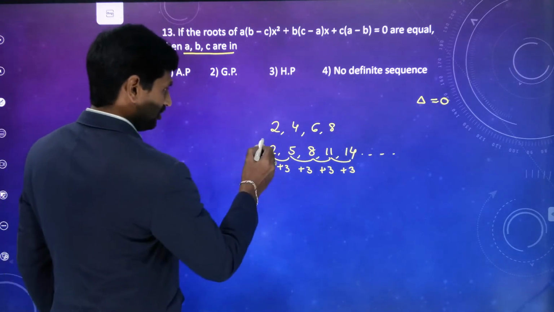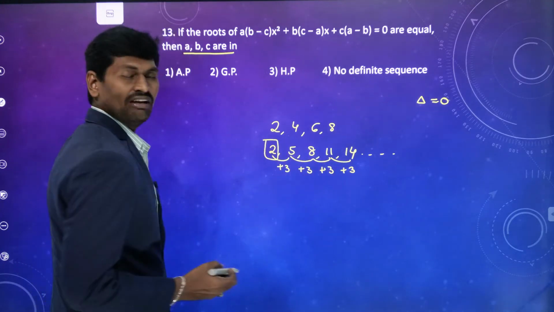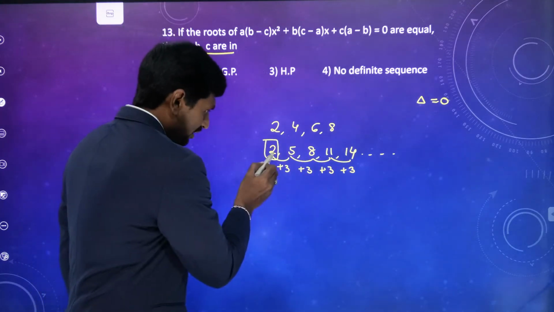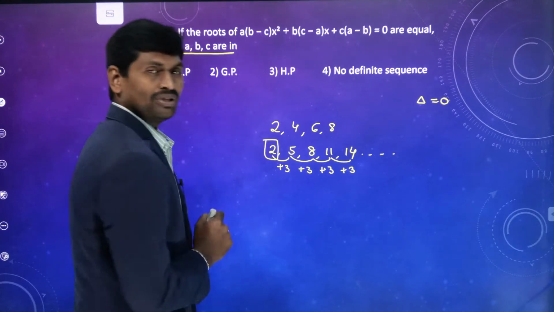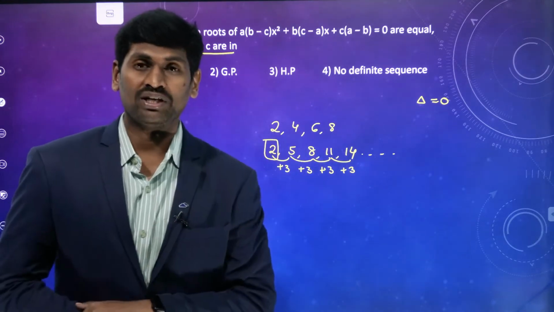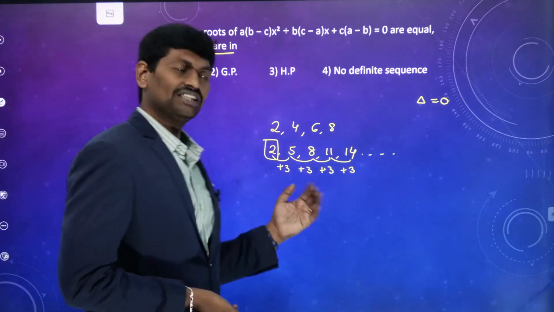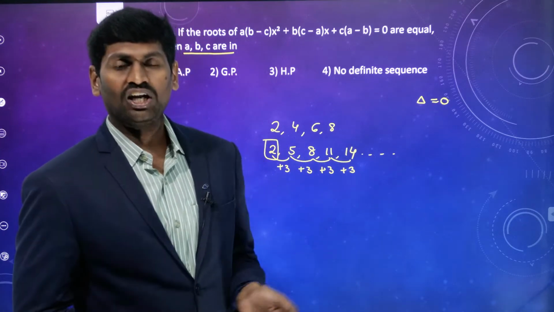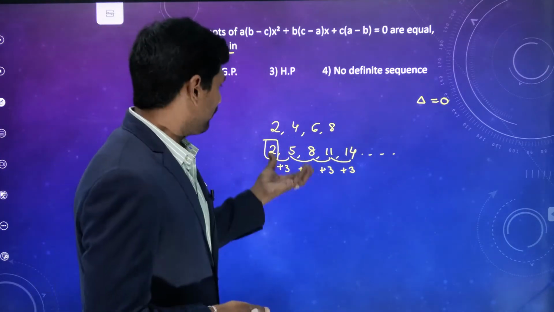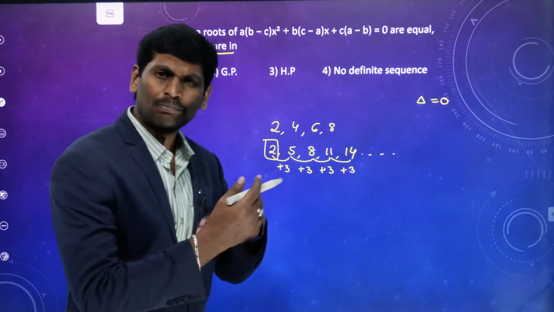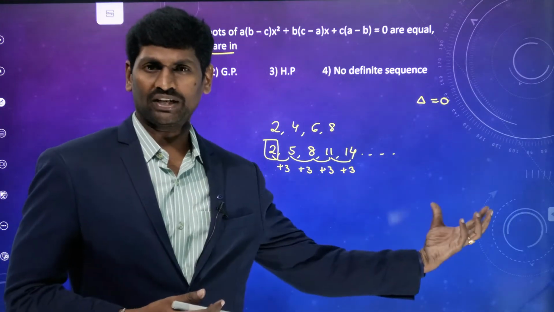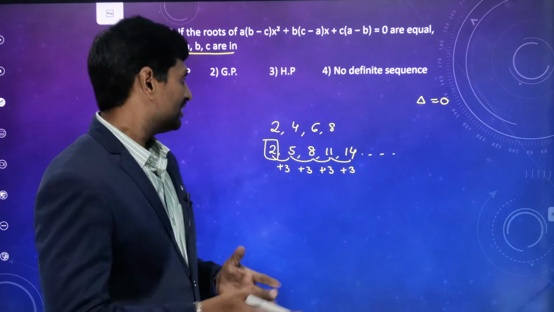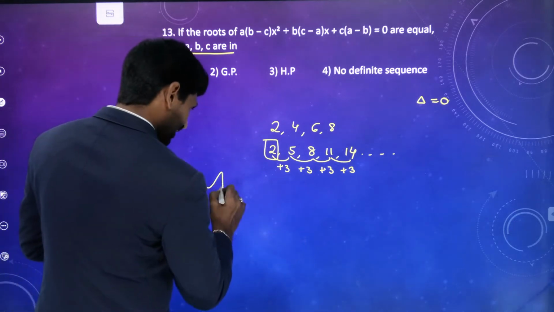Add 3 to the first number, you get the second number. Add 3 to the second number, you get the third, then fourth, fifth. All are adding, and we get one pattern. In the same way, subtracting also gives a pattern. Adding or subtracting, they are taken as arithmetic progression.